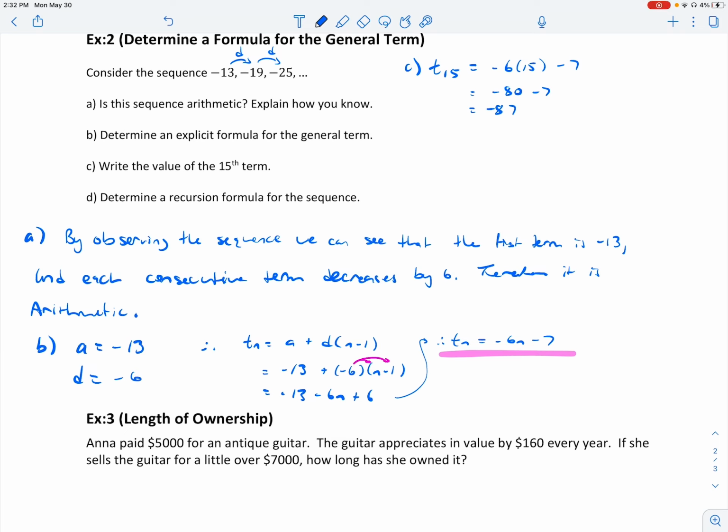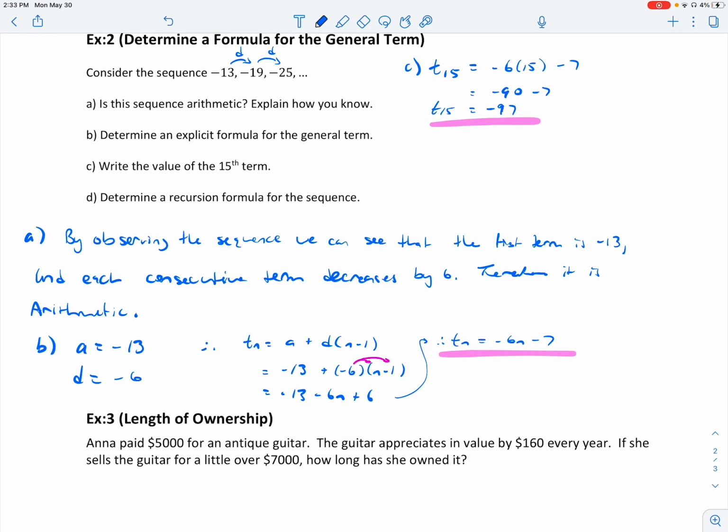Oh, actually, wait, that is 97. Okay, I was just kind of looking at that. -6 times 15 is -90, and a minus 7, -97. So that's going to be our T15.